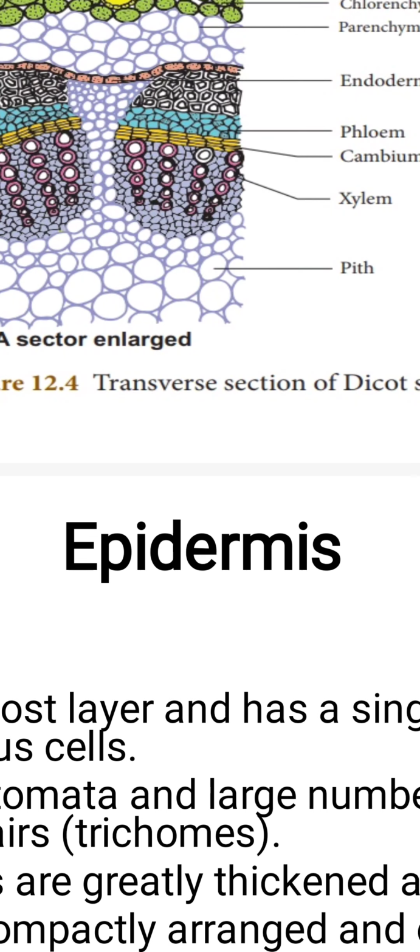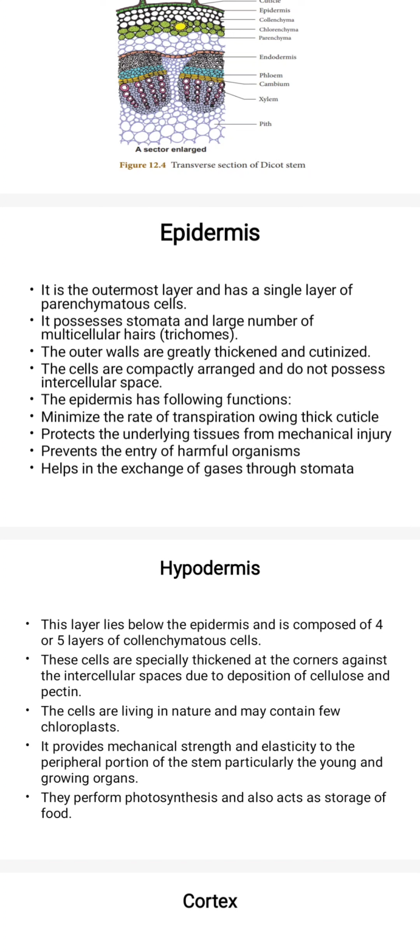The cells are compactly arranged and do not possess intercellular spaces. The epidermis has the following functions: it minimizes the rate of transpiration owing to the thick cuticle, protects the underlying tissues from mechanical injury, prevents the entry of harmful organisms, and helps in exchange of gases through stomata.